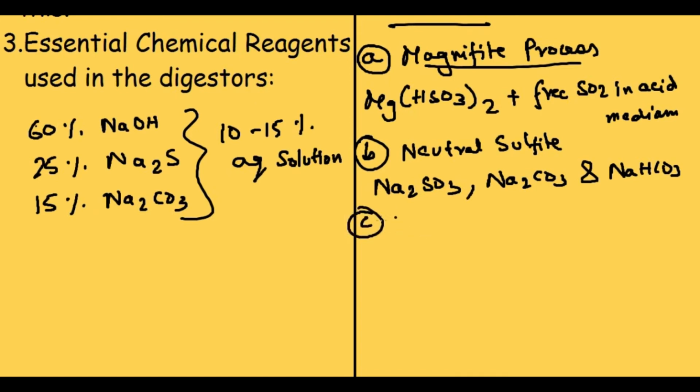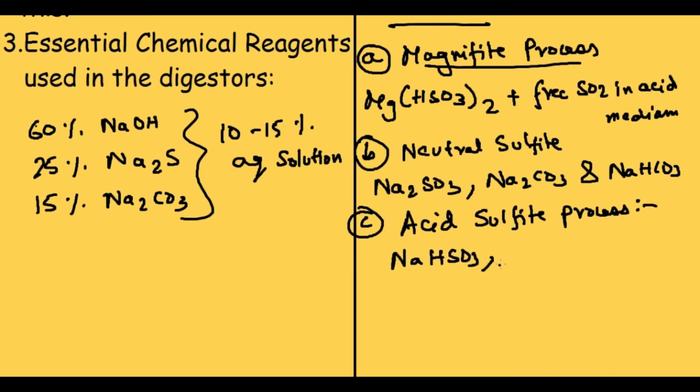And the last one is the acid sulfite process. For the acid sulfite process, sodium bisulfite and Na2SO3 are the essential chemical reagents used in the digester.